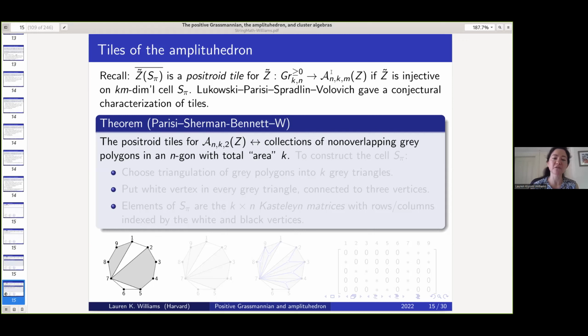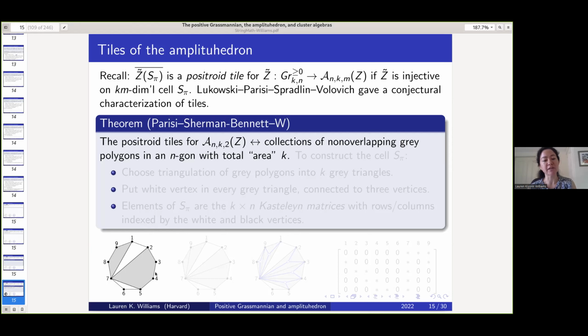So here's my picture. Here n is 9, so we're looking at a 9-gon, and I have here a collection of several gray polygons. If I were to triangulate these gray polygons without introducing extra vertices, then this gray polygon is a quadrilateral, so I would get 2 triangles there.